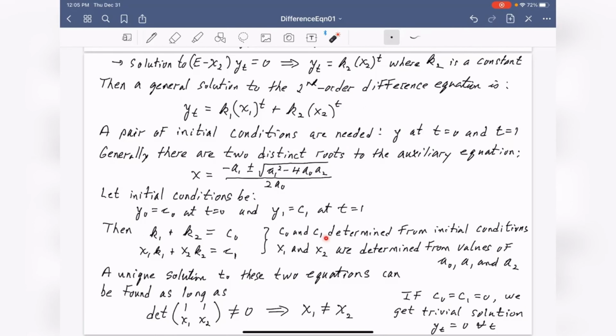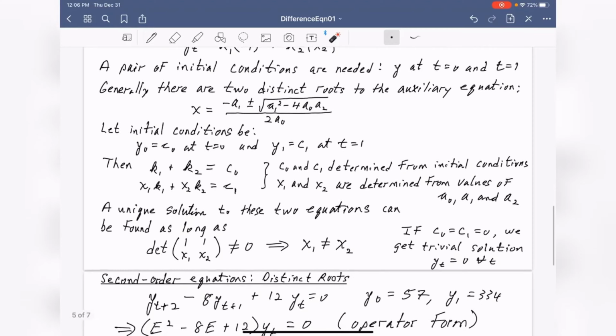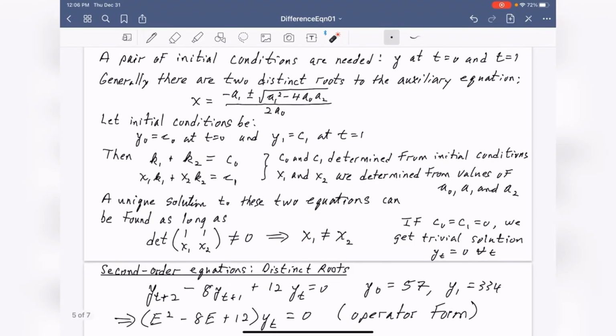So c0 and c1 are determined from the initial conditions, and x1 and x2 are determined from the values of a0, a1, and a2. So a unique solution to the two equations can be found as long as the determinant, and now we express this in matrix form.